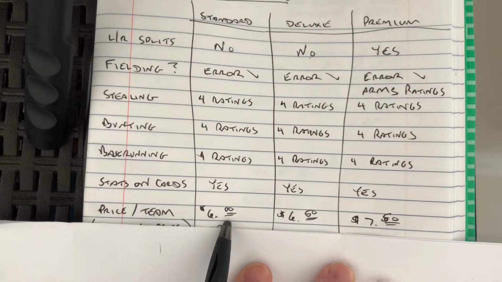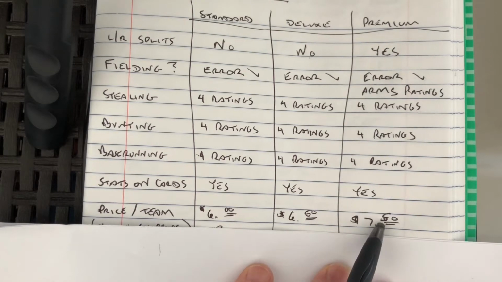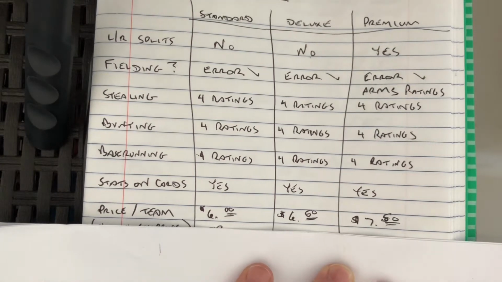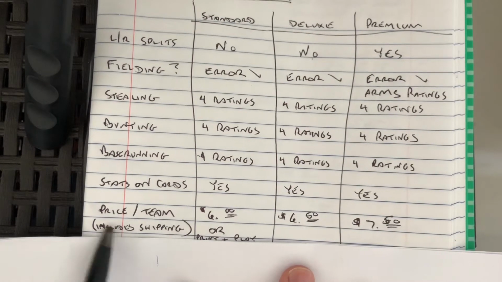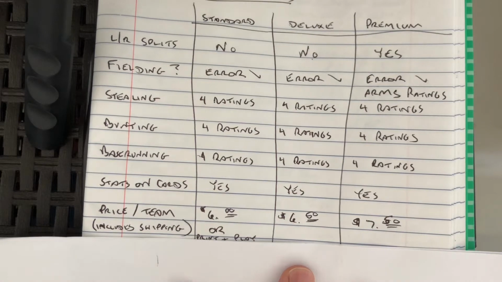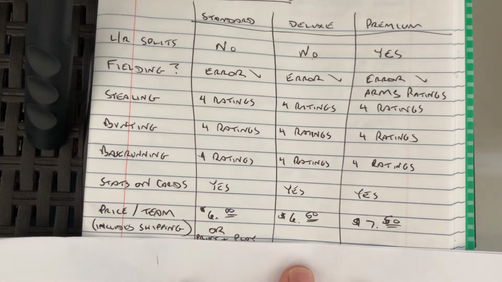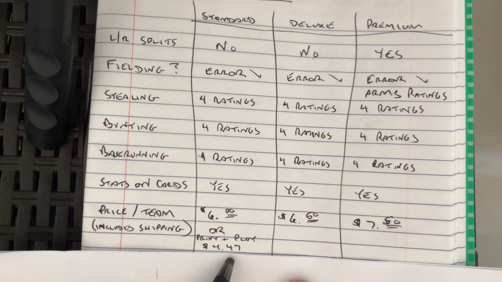These are printed and shipped. $6.50 per team for deluxe, $7.50 per team for premium. Now this includes shipping. Or, for the standard version, if you'd like, you can also print and play for $4.47 per team.